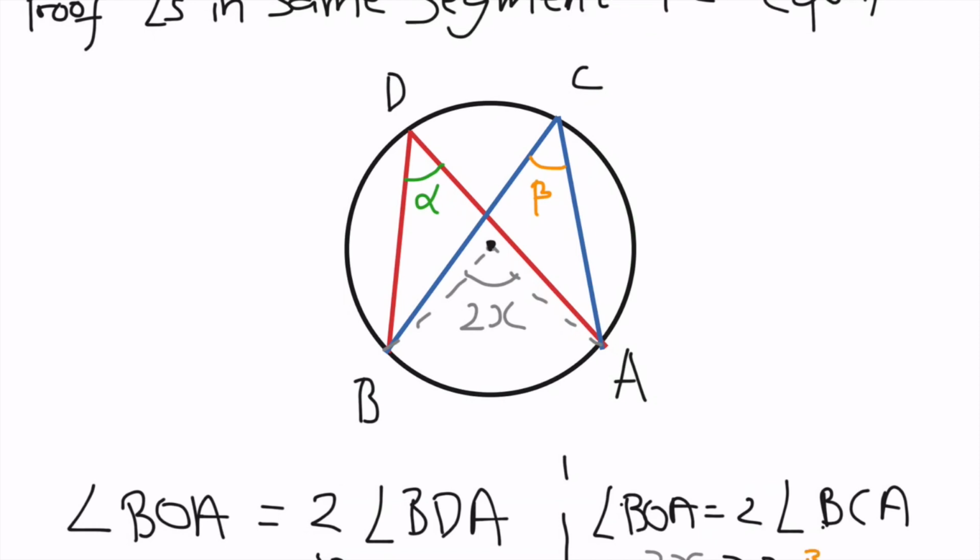So when we cancel this off, we'll notice that x is equal to beta. So from here you can conclude that alpha is equal to beta, because x is equal to alpha, and x is also equal to beta. So therefore, alpha is equal to beta. Okay, so this is the proof for angles in the same segment.